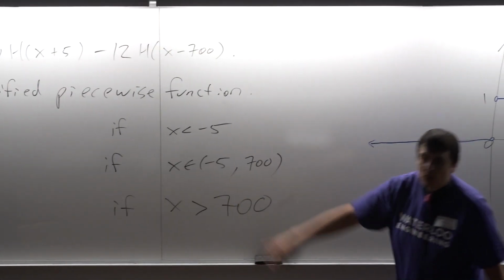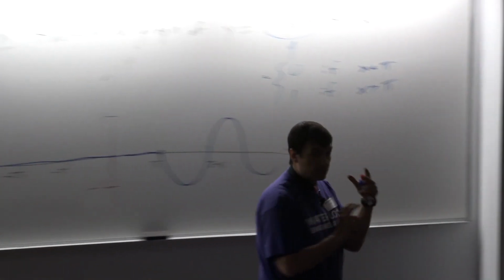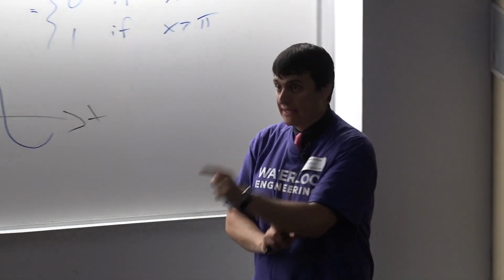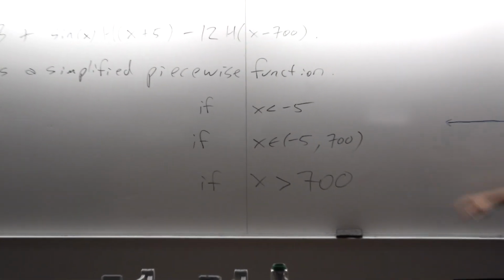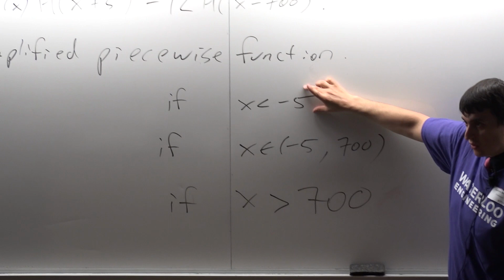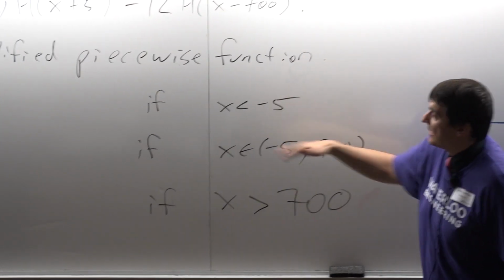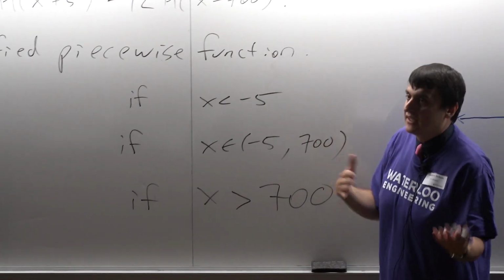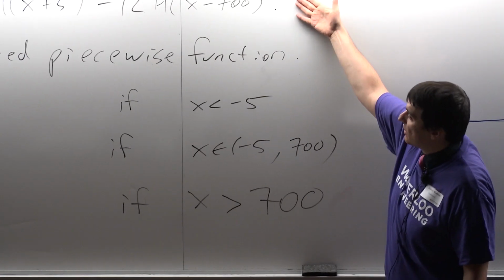So I left that whole first part blank. I'm only focusing on one piece of the problem at a time, breaking it down into the different possibilities of what x could be. And I've broken it down into all the different important intervals where, if I'm within this interval only, then what this output is will not change. There's no difference between x equals negative 7 or x equals negative 30. Those aren't different from each other as far as this output goes.